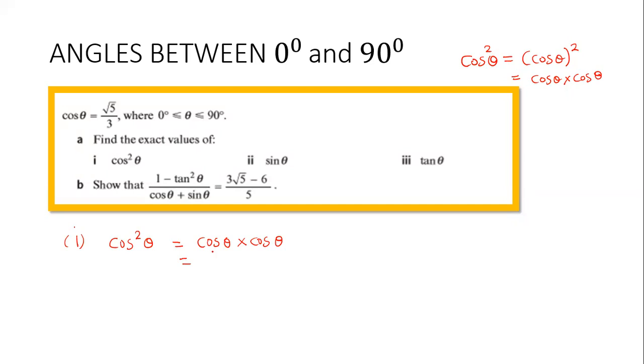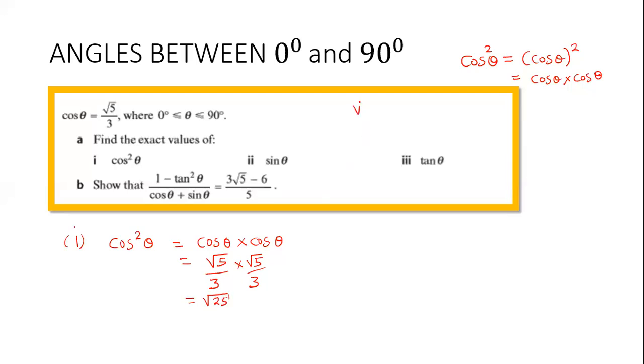Now, our cos theta, they have told us, is root 5 out of 3. So I write root 5 out of 3 times root 5 out of 3. We looked at surds. Root 5 times root 5 in surds is the same as root 25.